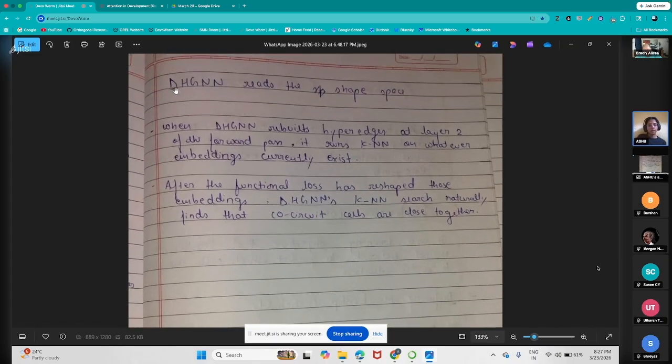The dynamic hypergraph neural network reads this. When the dynamic hypergraph neural network rebuilds hyperedges at layer 2 of the forward pass, it runs kNN on whatever embeddings currently exist. After the functional loss has reshaped those embeddings, the dynamic hypergraph neural network's kNN search naturally finds the co-circuit cells that are close together.